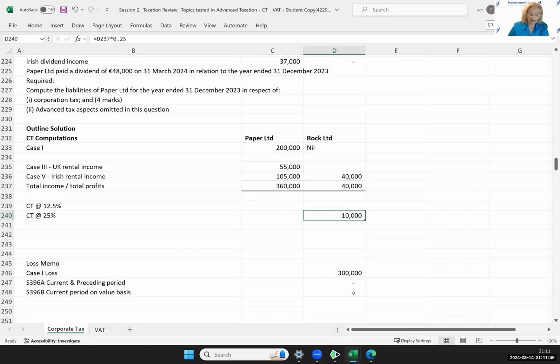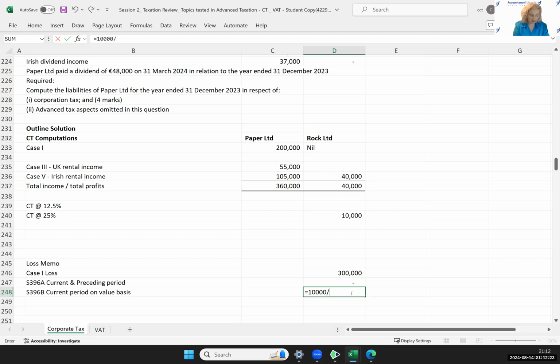How much losses will it take to get rid of 10,000 of a tax liability? So here's where you need to look at your formula. I want losses multiplied by 12.5% equals 10,000. So how much losses multiplied by 12.5% equals 10,000? Well, if you take 10,000, divide by 12.5%, that gives you the amount of the losses. So 10,000 is the amount of the tax liability.